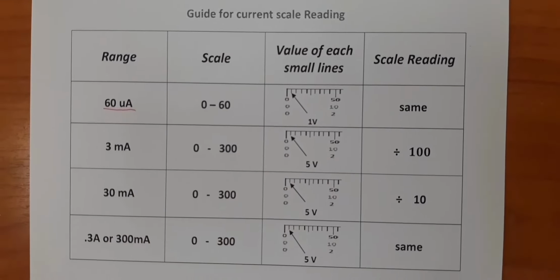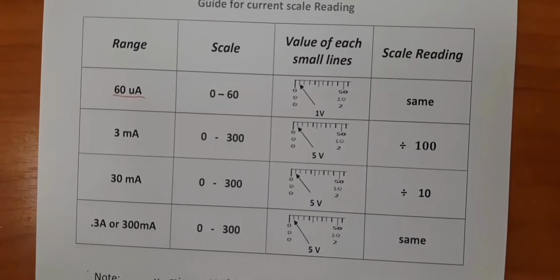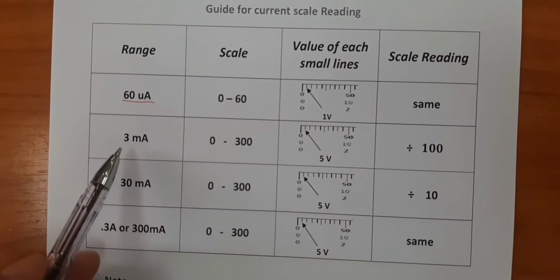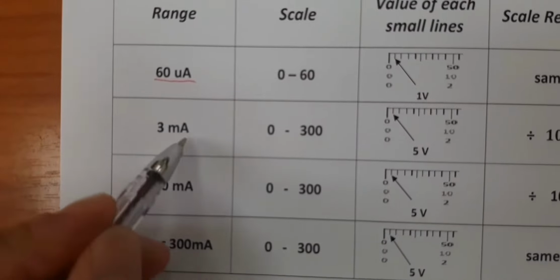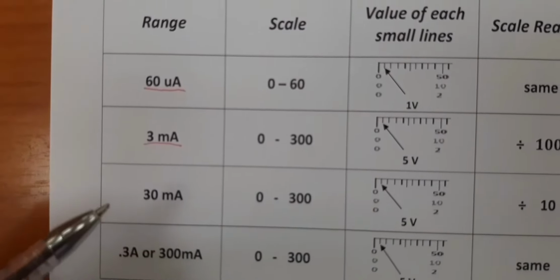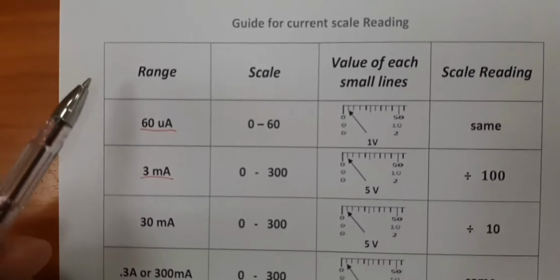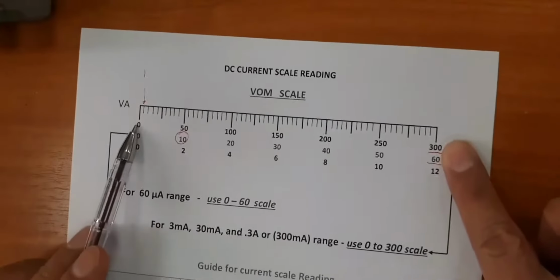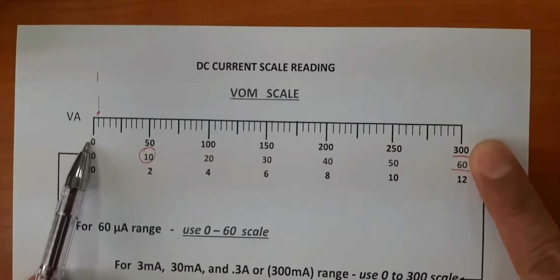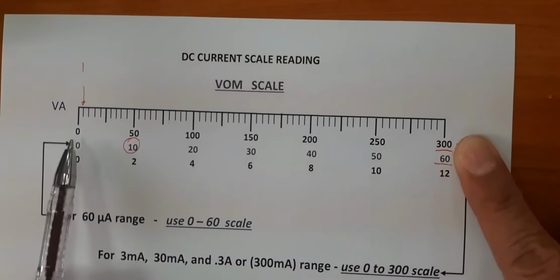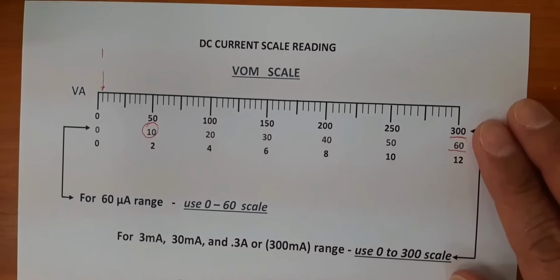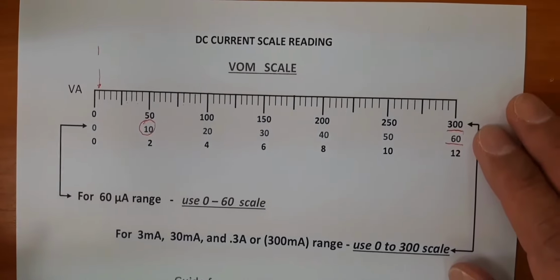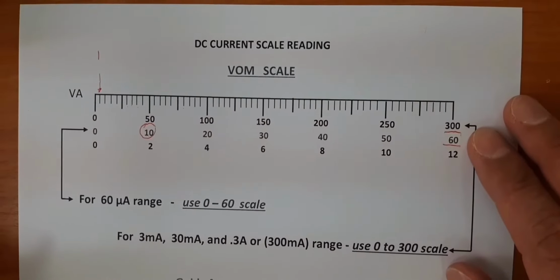Next, we have the 3 milliampere. For the 3 milliampere, we will use the scale of 300, from 0 to 300. And the counting of every line or subdivision is by 5.